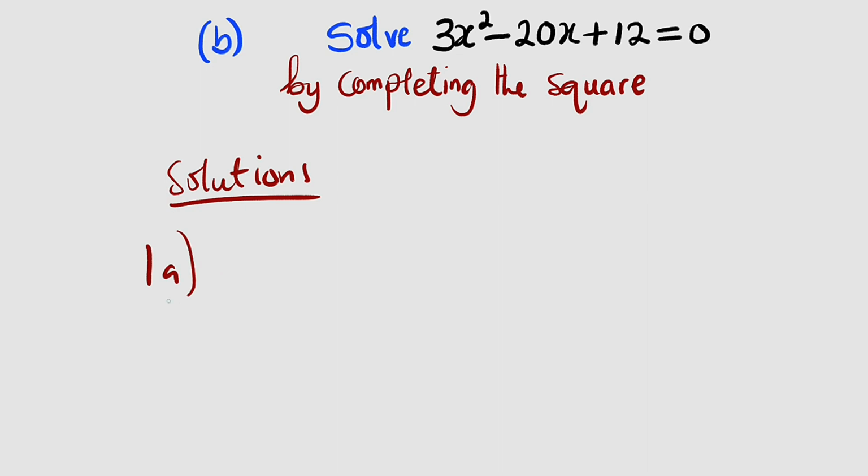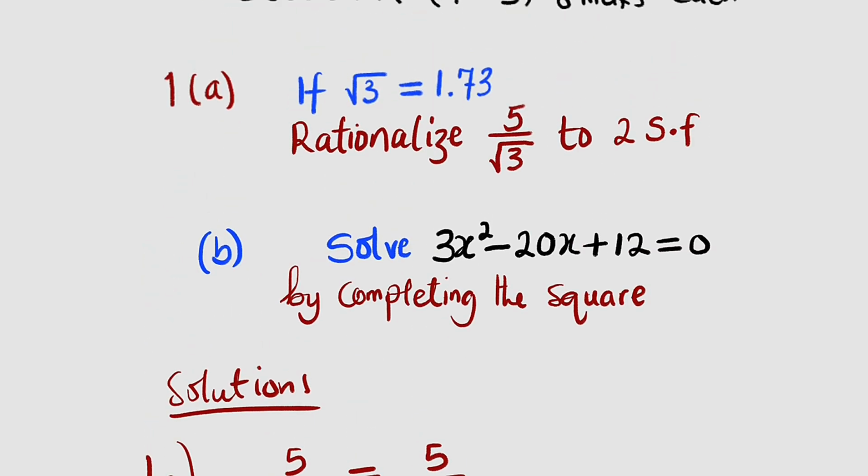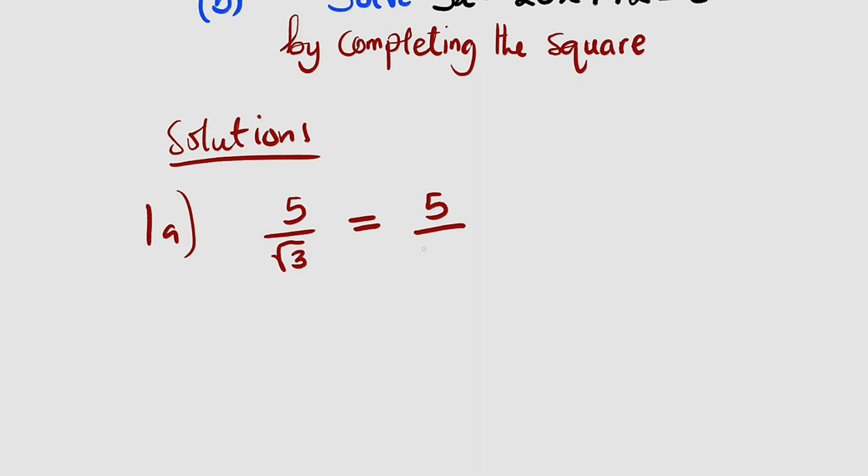1a, what we are given is 5 divided by root 3, and root 3 has been given as 1.73. What do we need to do? Just use your calculator, divide 5 by 1.73.